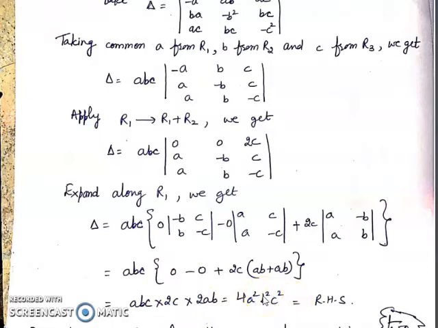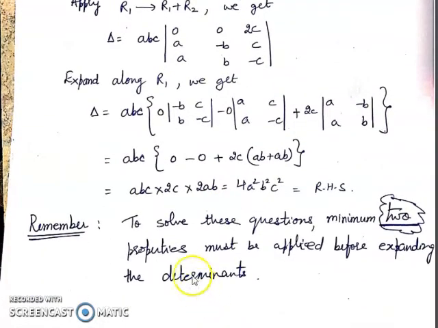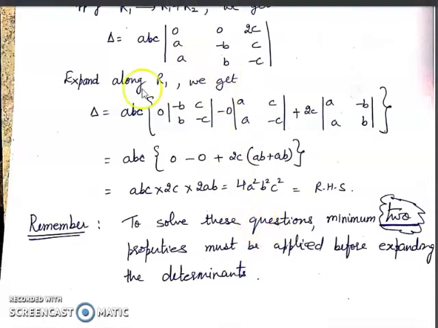So in this way we try to prove left hand side is equal to right hand side. Remember this, to solve these questions there is not exactly one method. You can apply any transformation. Either you do row or you do column, or you do mixed row and column operations.